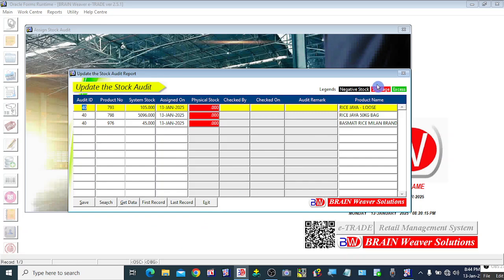Once the physical stock verification is completed, the concerned person can enter the result here. For example, the first item, rice Jaya loose, as per our system, the stock was 105 kilogram when we generated this stock audit feature.